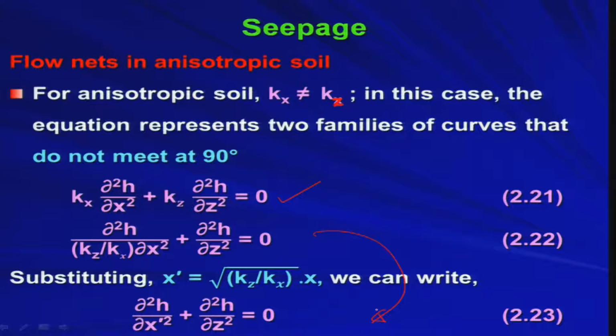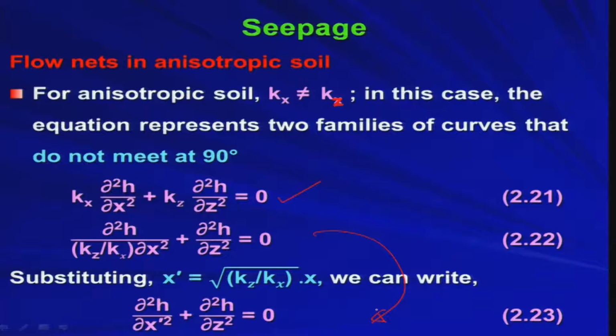Now if you look at equation 2.23, this equation tells us there are two families of curves which intersect each other at 90 degrees, in the x prime z coordinate system. So we are transforming the axis, and then we get our desired equation.